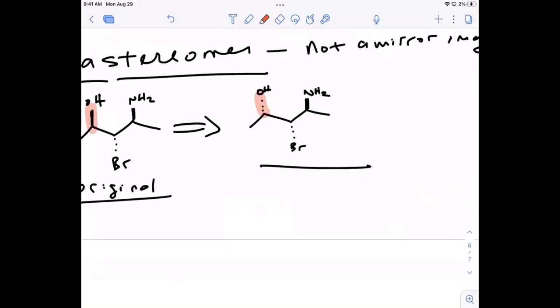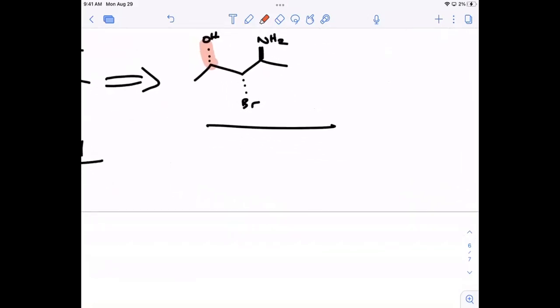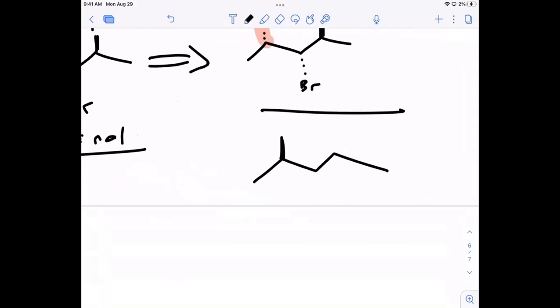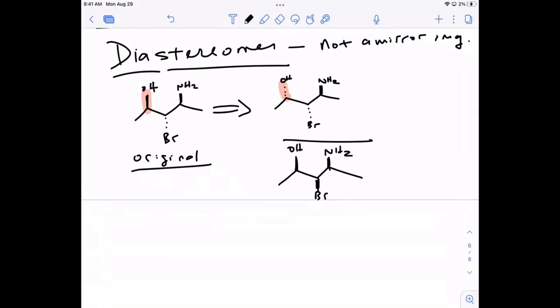Now, what else can I change? What if I leave the first one like it is, but change the second one? Are y'all following that? Yes, no? What did I change from the original?